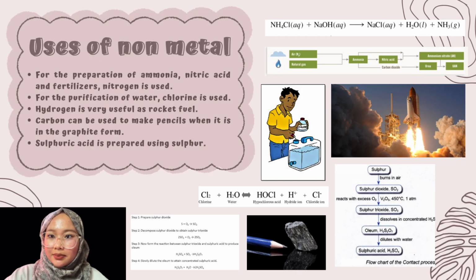For example, sulfur plus oxygen forms sulfur dioxide. And then we can oxidize sulfur dioxide to obtain sulfur trioxide. And step 3 is the reaction between sulfur trioxide and sulfuric acid to produce oleum. And then slowly dilute the oleum to attain concentrated sulfuric acid.